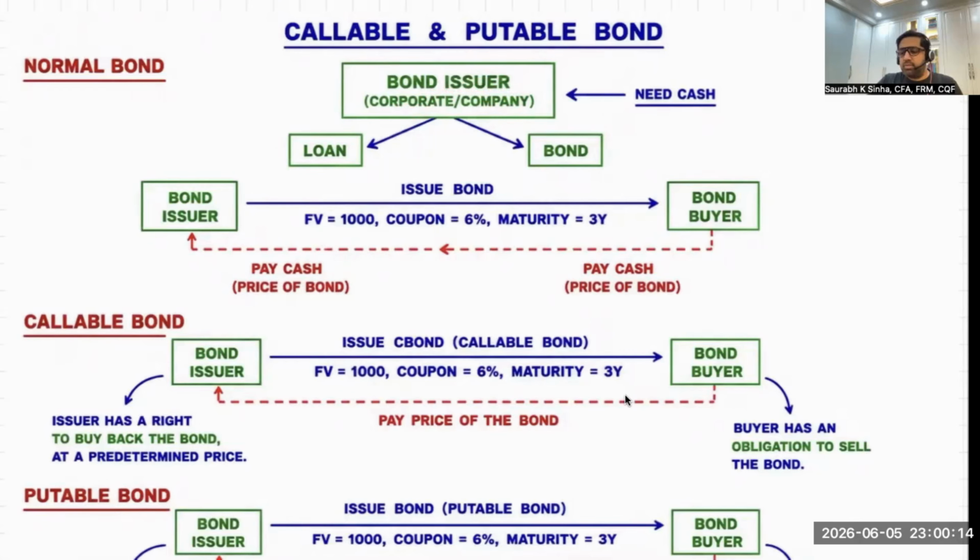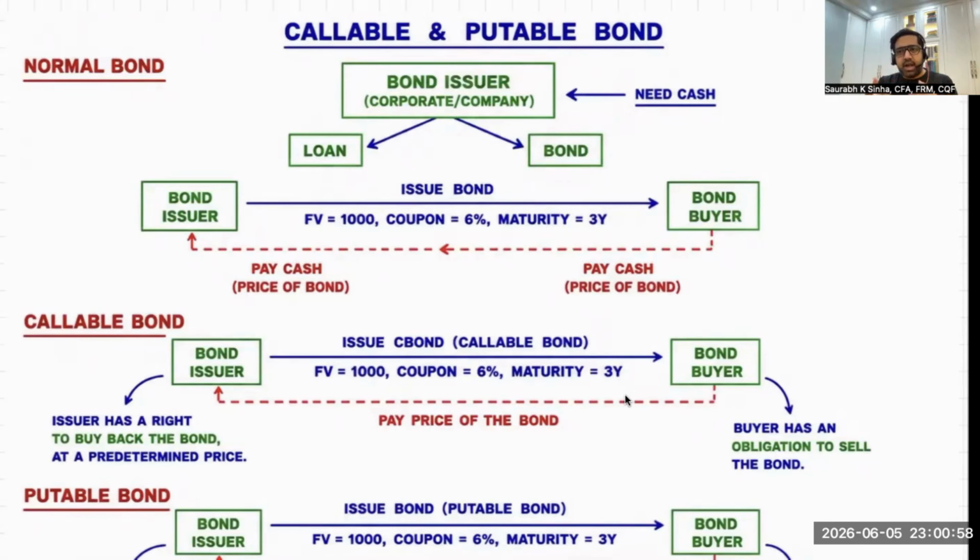They issue the bond because they would be in need of cash, and they can have capital or cash either through the route of equity, as in they can issue equity, or they can go and have a loan. Very similar to a loan is a bond.